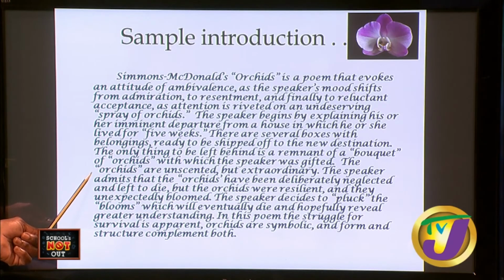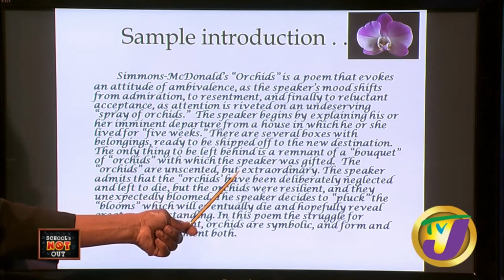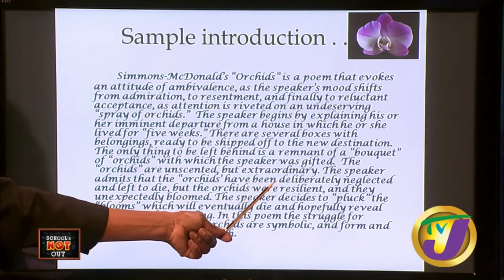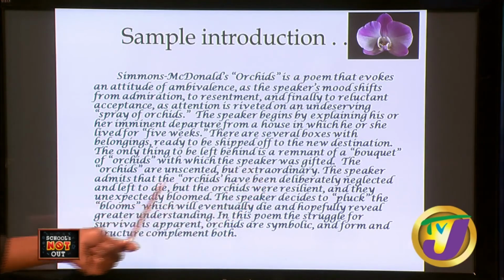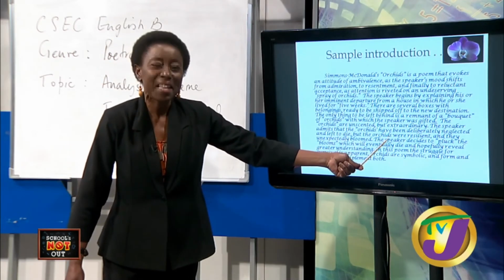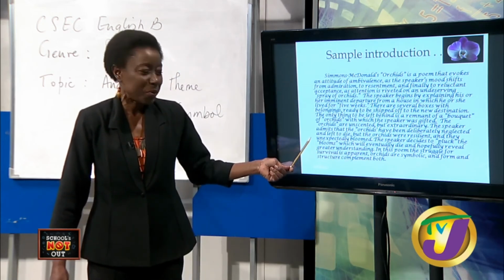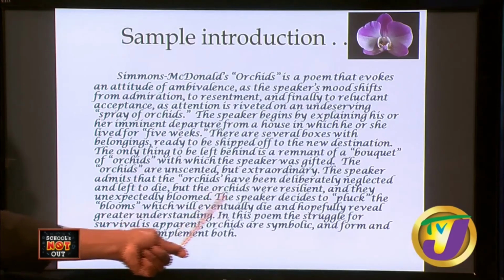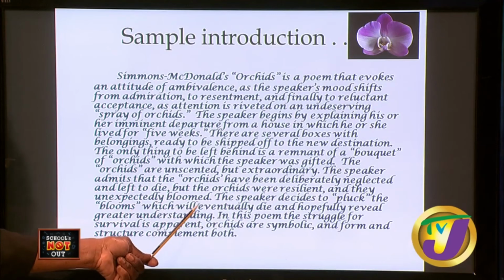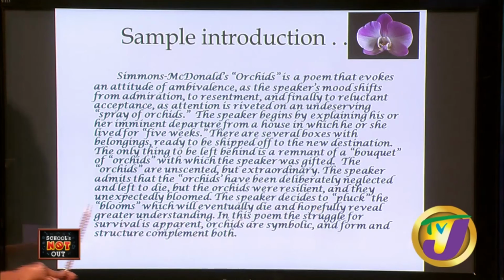The orchids are unscented, but extraordinary. The speaker admits that the orchids have been deliberately neglected and left to die, but the orchids were resilient and they unexpectedly bloomed. The speaker decides to pluck the blooms, which will eventually die and hopefully reveal greater understanding.